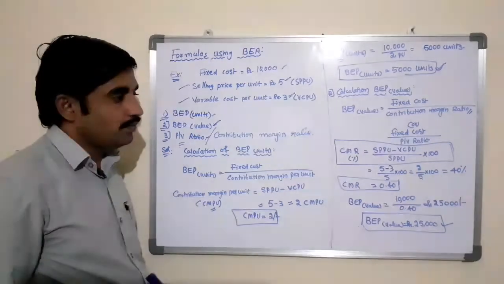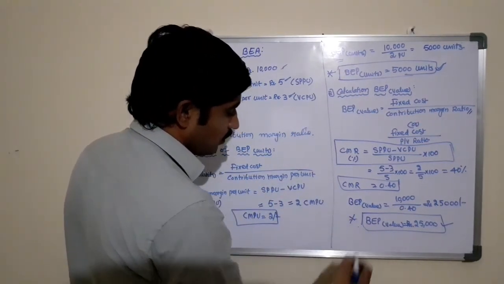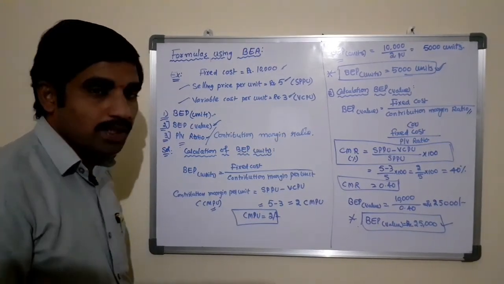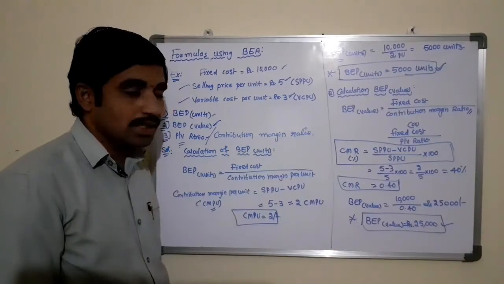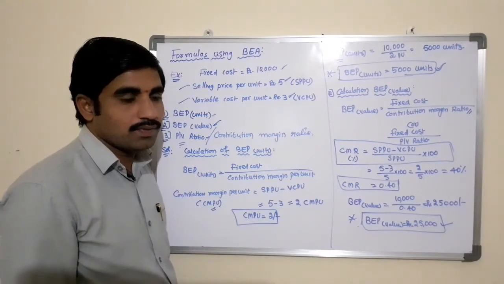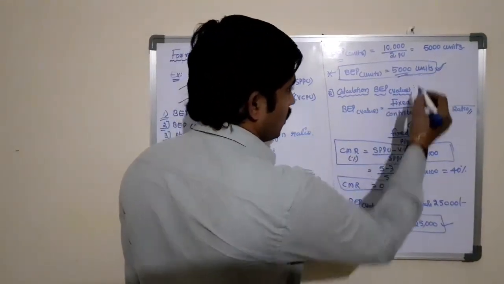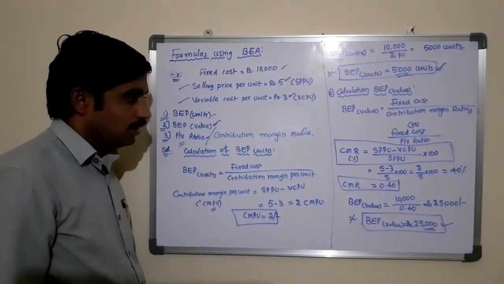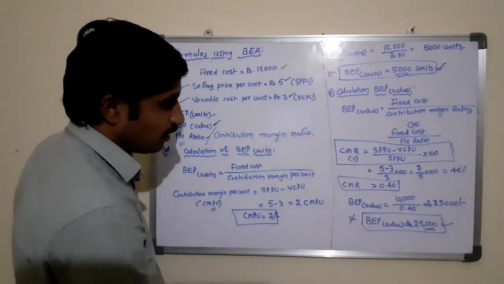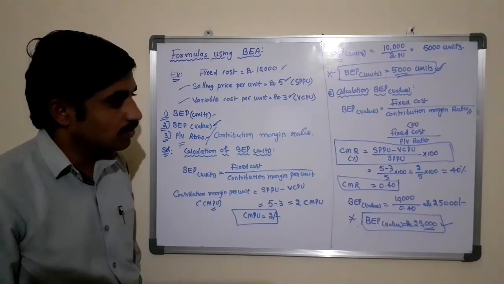To prove whether the calculated break-even units, 5,000, and break-even value, 25,000, are correct at the break-even point, we can use the statement: sales minus variable cost, contribution, minus fixed cost, equals operating profit. If you substitute the same information in that statement, you will realize that the break-even point in units, 5,000, or in value, 25,000, is correct.